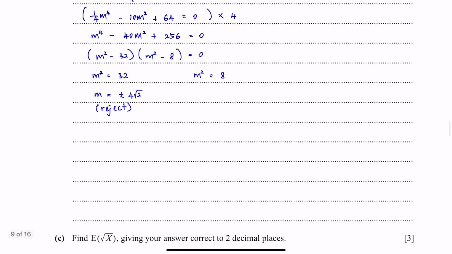So I reject both of them, and now m equals plus minus 2 root 2. So the final answer would be m equals 2 root 2. Negative 2 root 2 would be rejected because it's not in the interval. So the median of x would be 2 root 2.